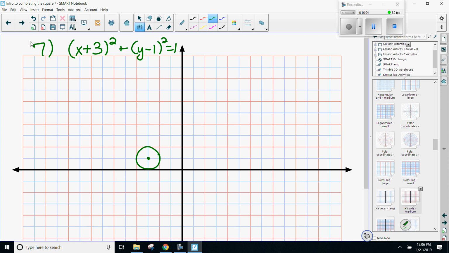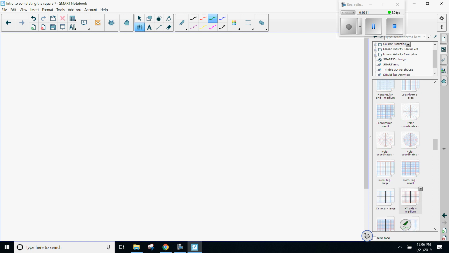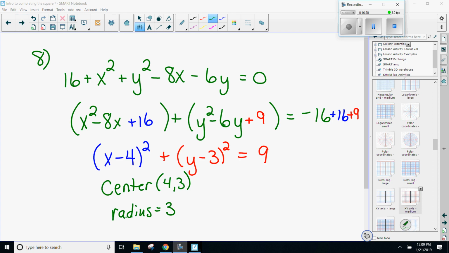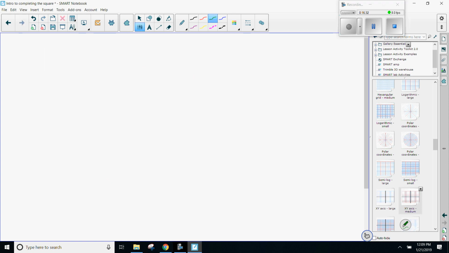Can you try 16, please? Oh, sorry. Why was I saying 16? Okay, that's a good reason. 8. Can you try 8 for me, please? Questions, or did we all get the center to be 4, 3, and the radius 3? So the last thing you had to do is graph that? Yeah.